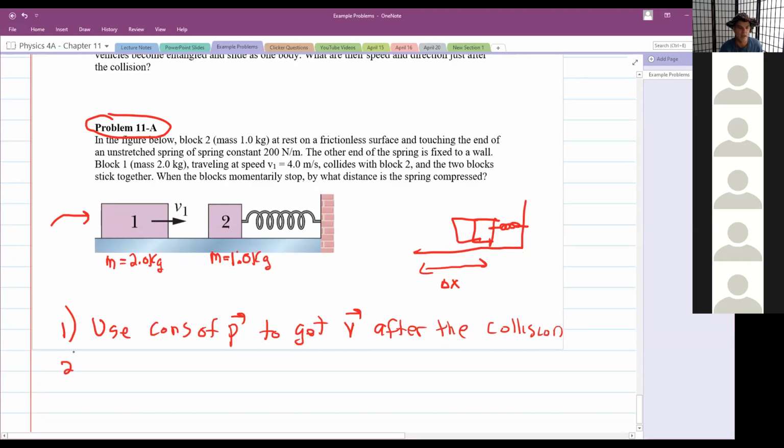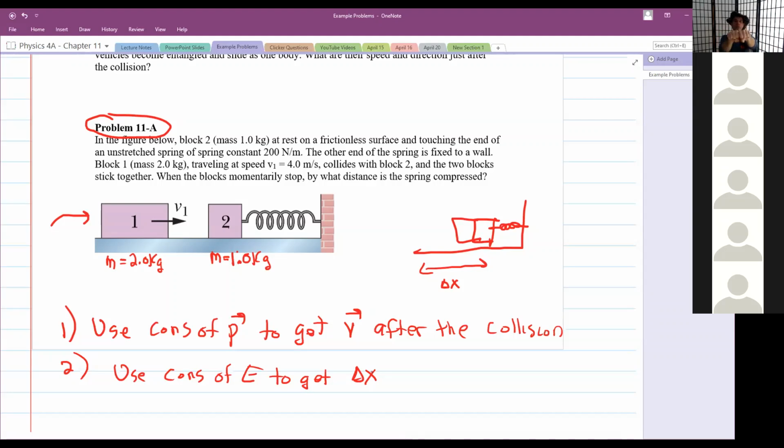And then I can use conservation of energy to get delta x. So basically what's happening is mass 1 is colliding with mass 2. During the collision, some of the energy is getting converted into heat and sound, but I can still use conservation of momentum. So I can use momentum to figure out how fast are they both moving together after the collision.